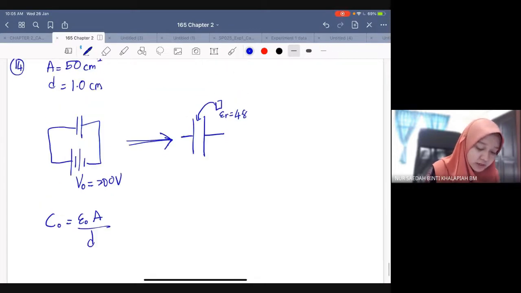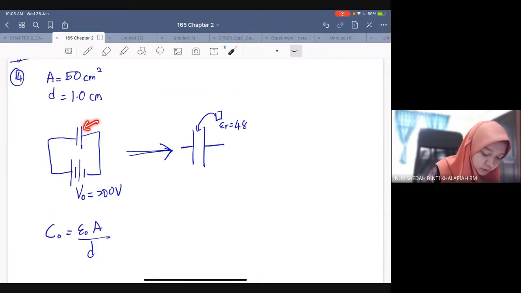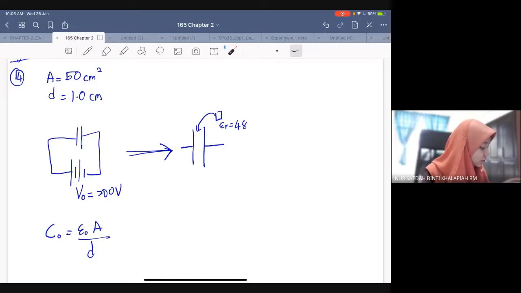Dia minta capacitance siapa ni? Capacitance yang kosong ke capacitance yang ada dielectric? Yang akhir punya. Oh, okay. So kalau kita tengok soalan: A, capacitance, B, charge on the plates, C, potential difference between the plates.